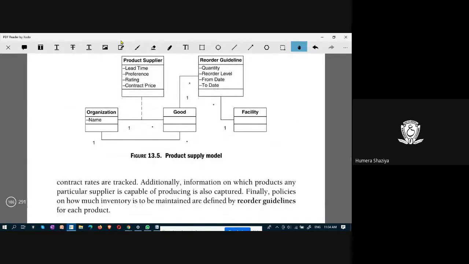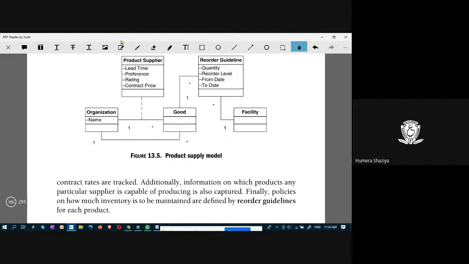And here product supply model. Products have to be supplied. If you generate product, you don't keep it with you. You have to release them, and you have to sell them. You have to do marketing. So product supplier, reorder guideline, organization, goods, facility.